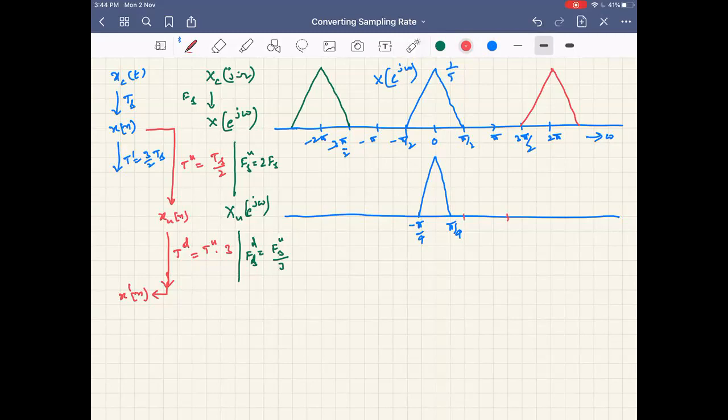This is pi by 2, and this is pi, and minus pi. So let us sketch here around this, and this one comes here.